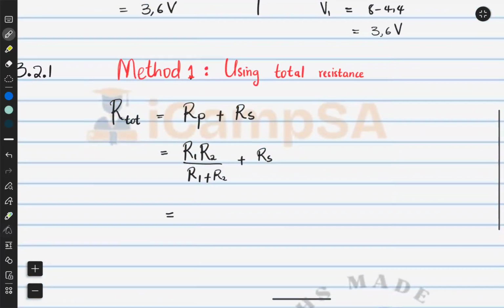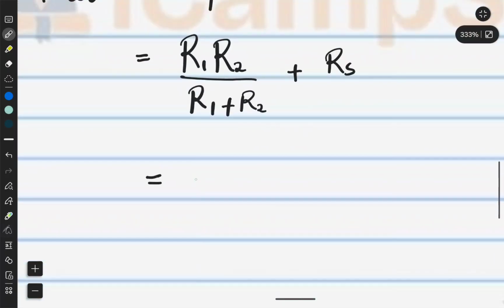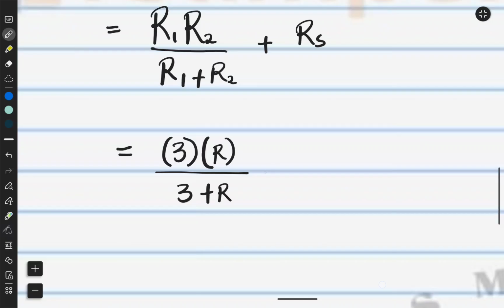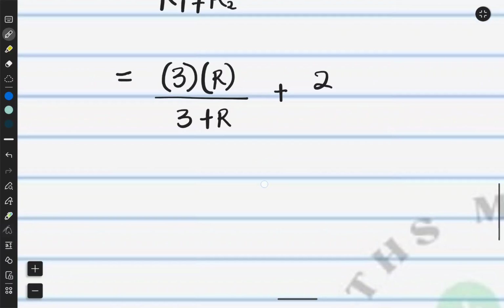Okay, so that means I'll say my R1 is that 3 ohm times R. That's my R2. Then this is 3 again plus R. Then plus, now here I will add my 2 ohms, which is the one that's connected in series with this parallel combination, right?